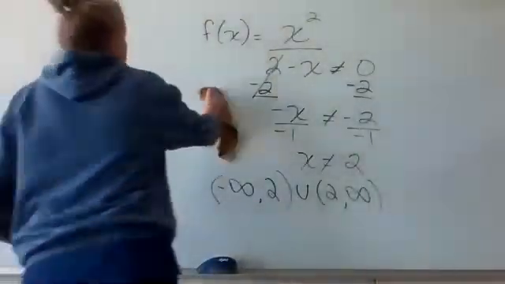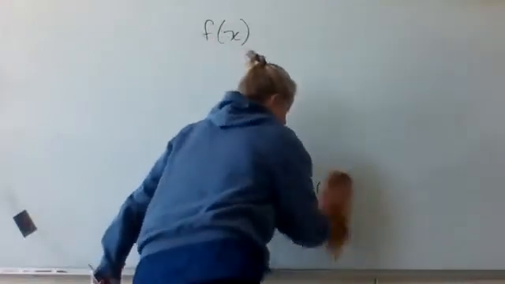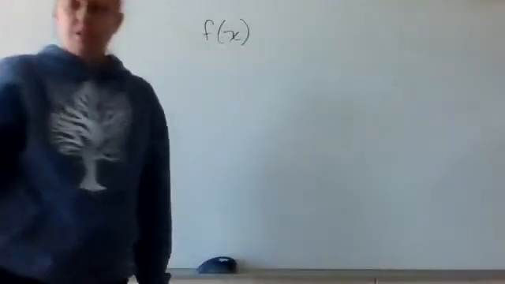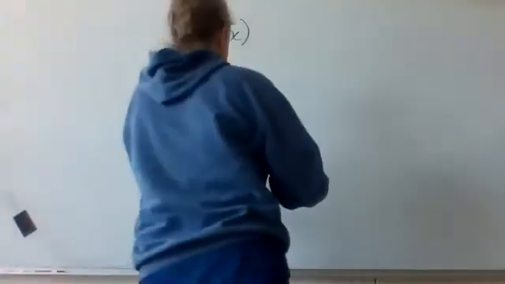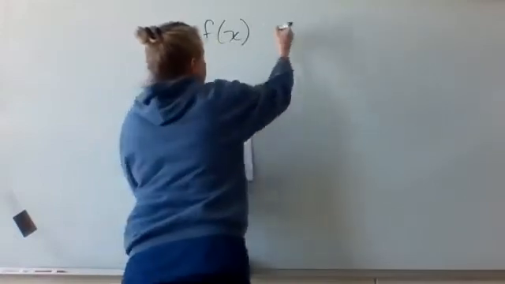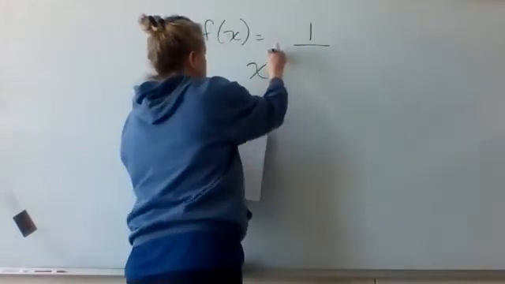Okay, number 2. The function is f of x equals 1 over x squared plus 3x minus 28.